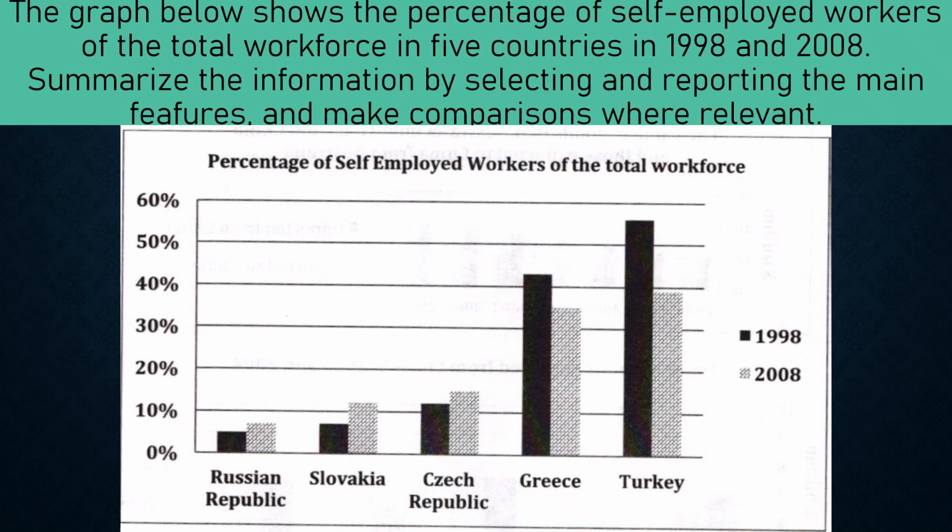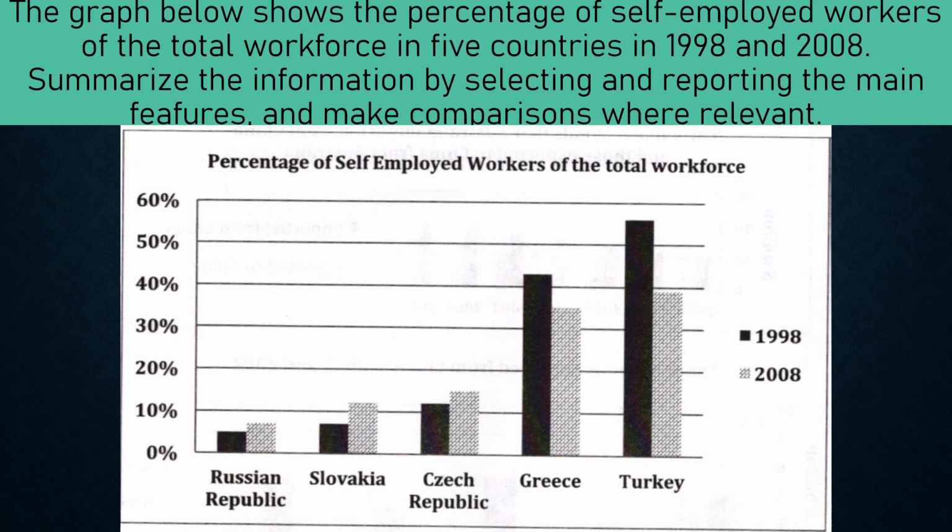I hope this is the first paragraph that we are required to write, and in graph writing it is the easiest one, because you have to rephrase or paraphrase the given statement.